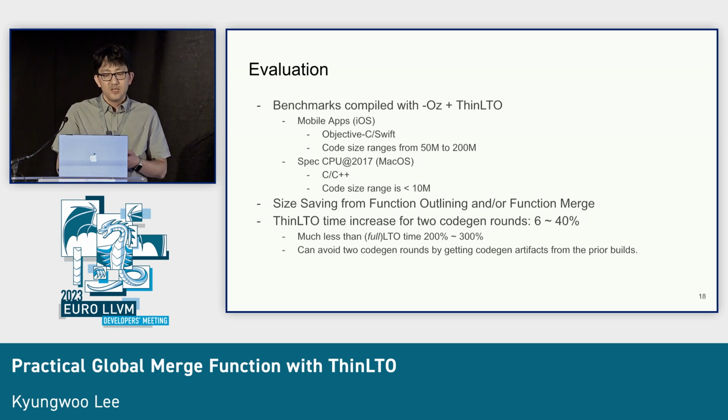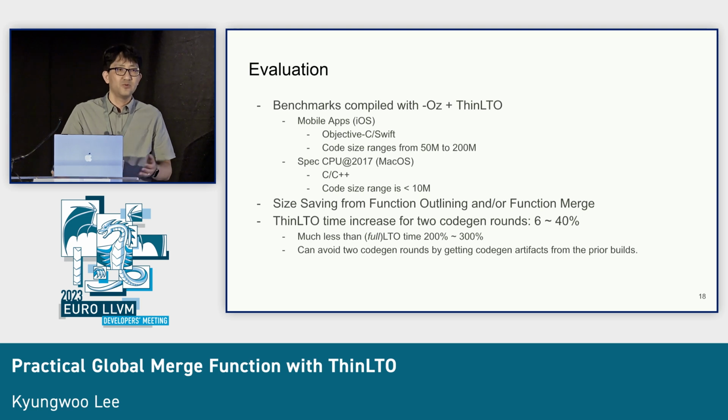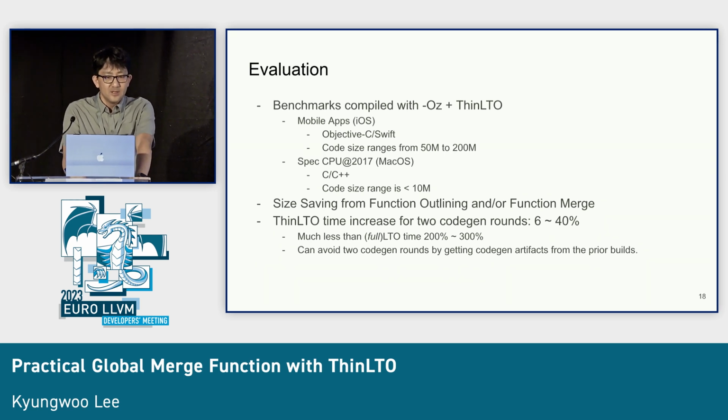So overall build time is not a big deal in production, because we are targeting large applications. There are several ways to avoid repeating codegen, and one way is to use the codegen artifact produced from a prior build for the subsequent build. We are exploring such an opportunity.